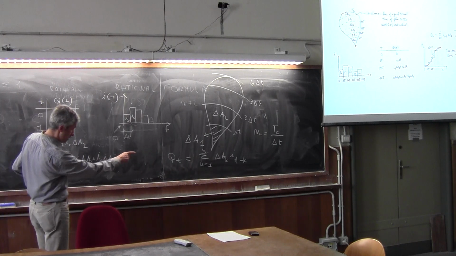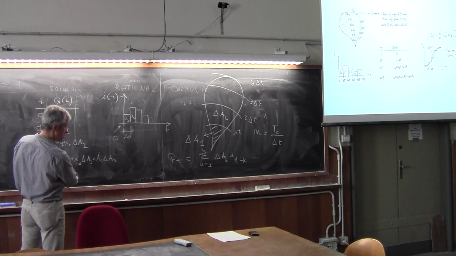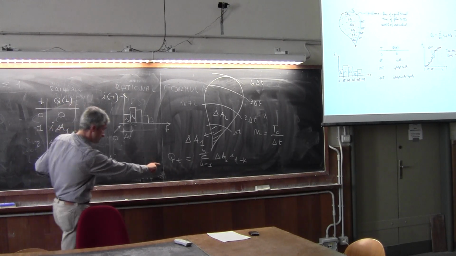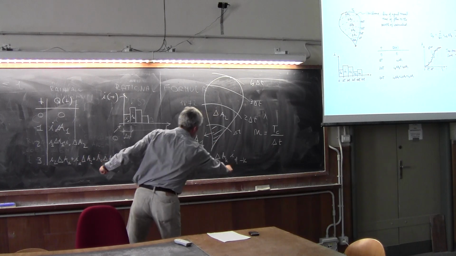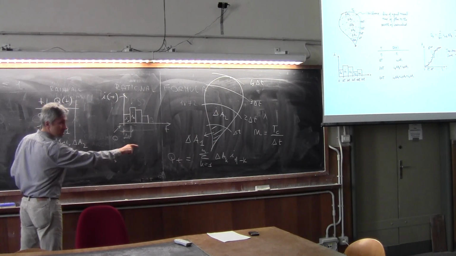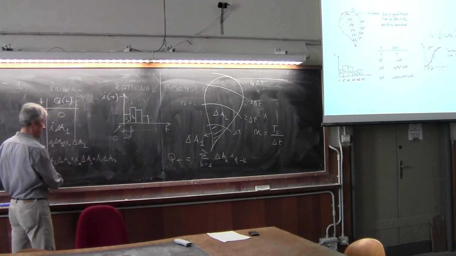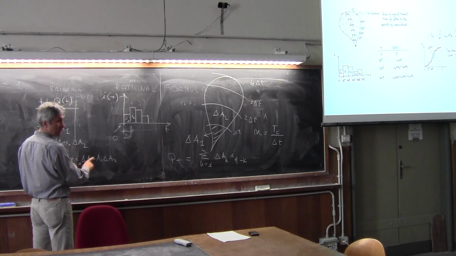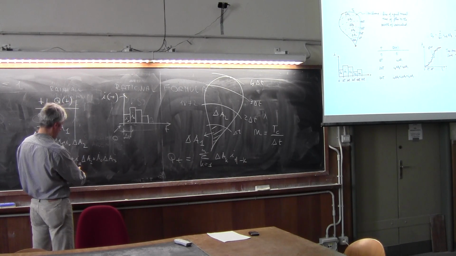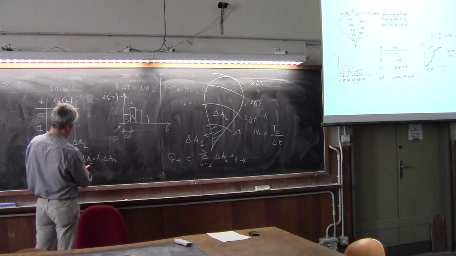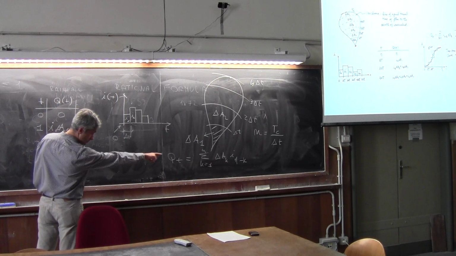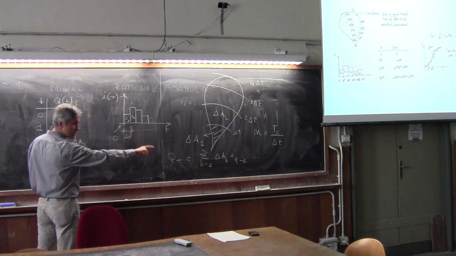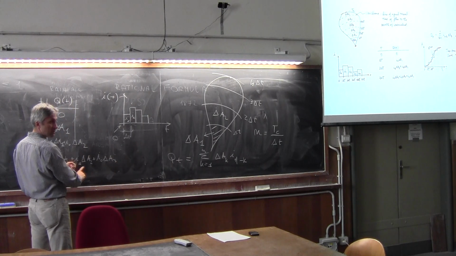Then I have delta A1, which multiplies I3 minus 1, so I2. Fine. Plus, k now takes the value 2: delta A2, multiplied by I 3 minus 2, I1. Perfect.